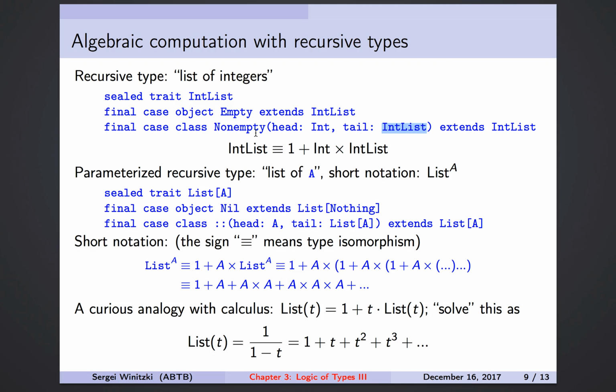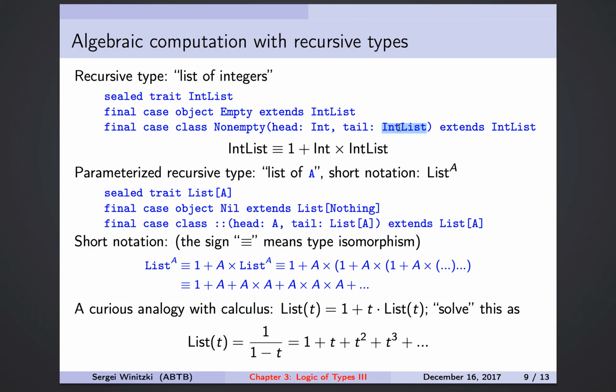The short notation for this type looks like this. IntList is defined as, or is equivalent to, 1. So this is the 1. Plus the product of integer and IntList itself.